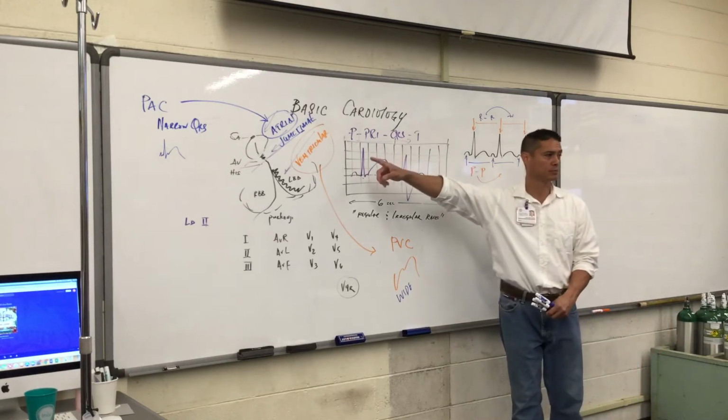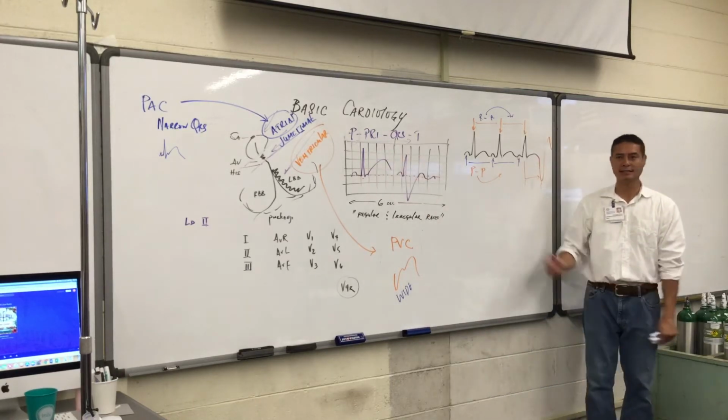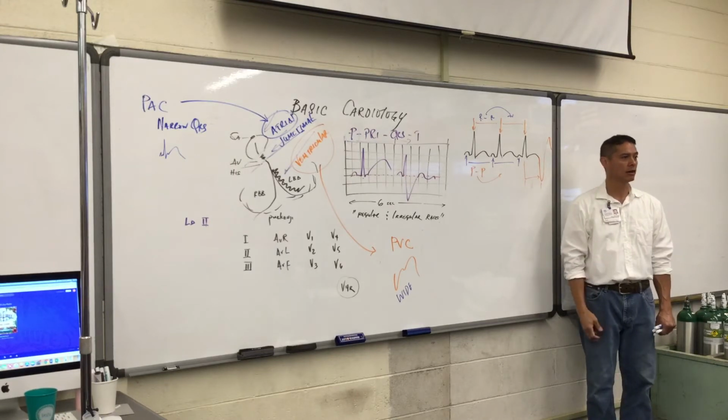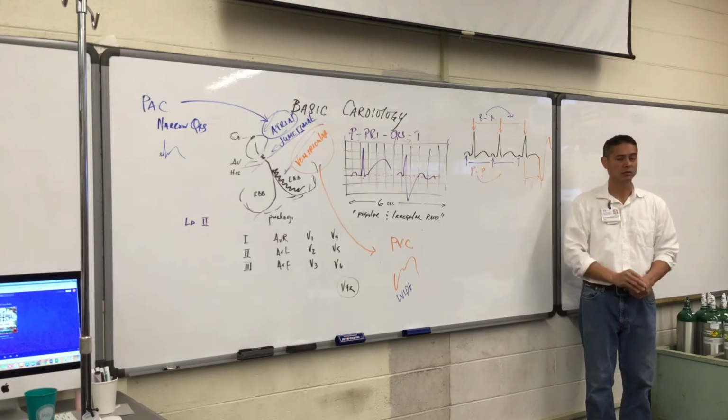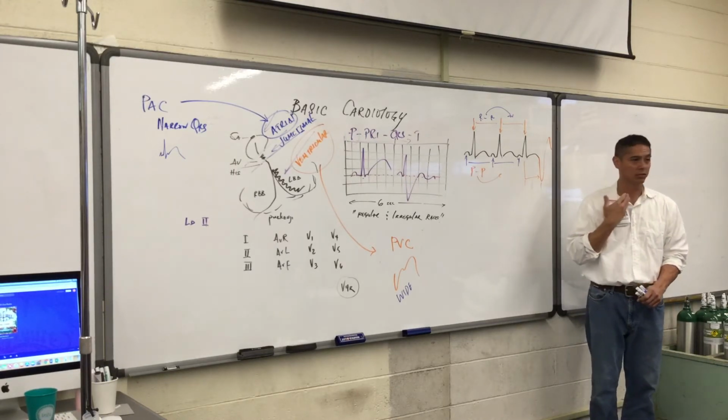We worry more about these than we do those. The only reason why is that this one usually generates no cardiac output, or the stroke volume is so poor that we don't have a pulse.